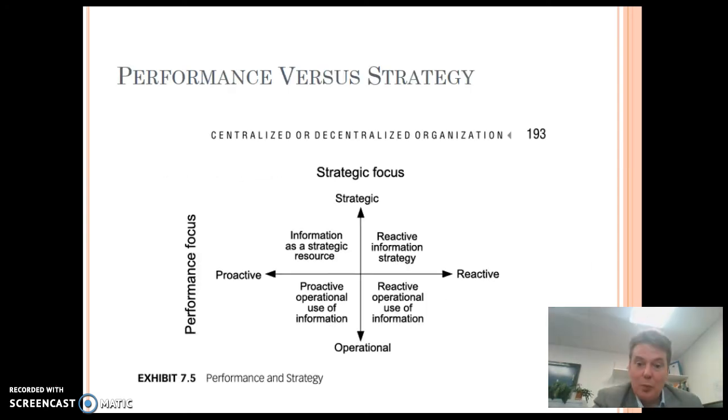Then we're thinking, do we go for performance or strategy? What is our focus? Are we interested in the operational day-to-day running, or are we going to try to create information as a strategic resource? For proactive and strategic work, information becomes a resource. But a lot of the time we have reactive strategy formation, where we're responding after the event, often reacting with operational use of information.